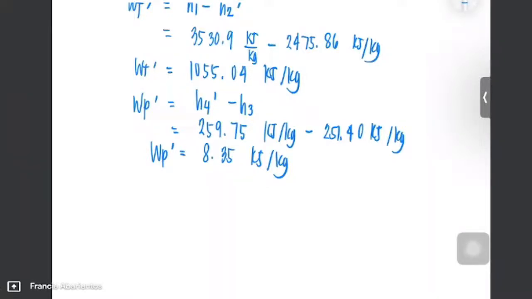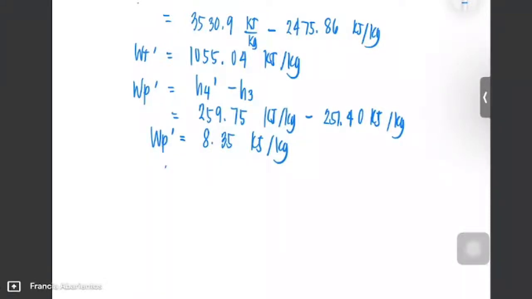So we have H1, we have now the heat added. Okay, so boiler class. Yung boiler natin entering is H4 prime now and H1.